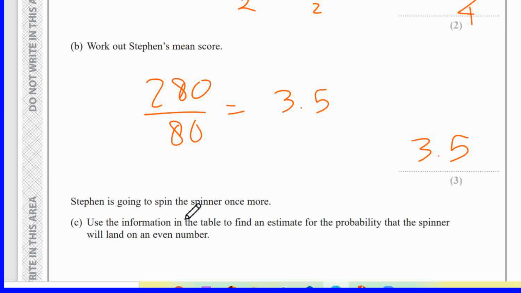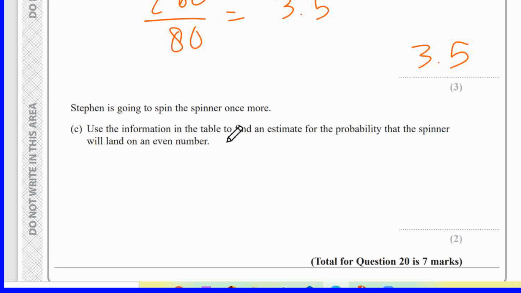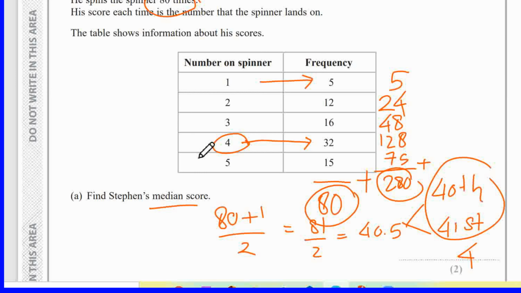Stephen is going to spin the spinner once more. Use the information in the table to find an estimate for the probability that the spinner will land on an even number. See that even numbers are 2 and 4. So it is 12 plus 32, which is 44 altogether. 44 over the total frequency, which is 80.